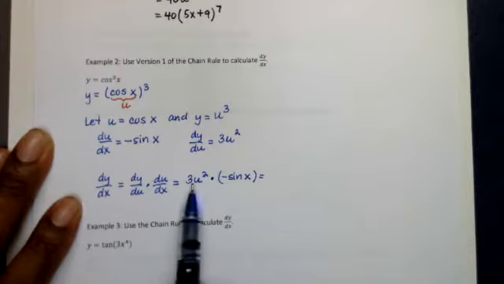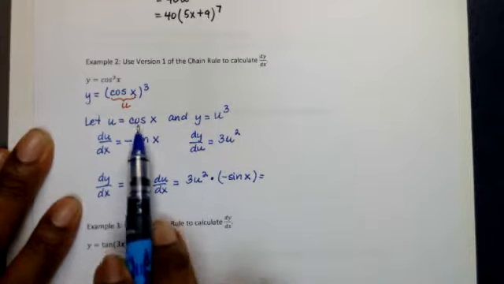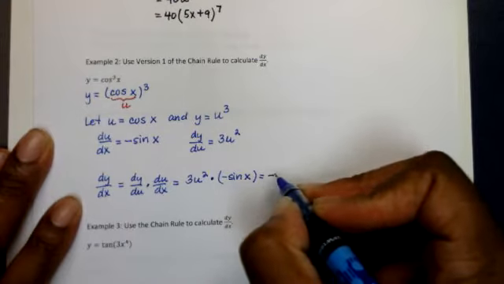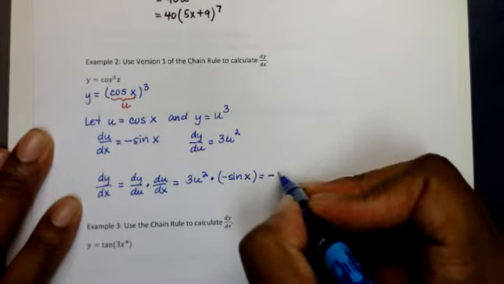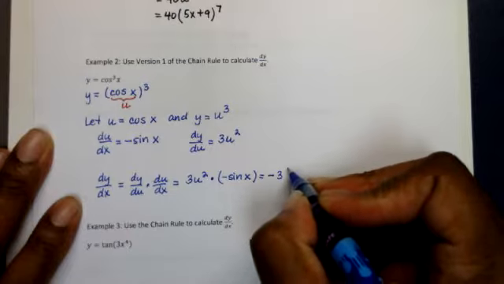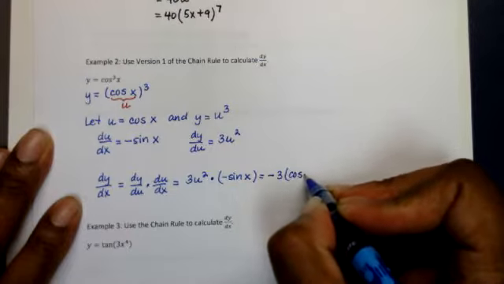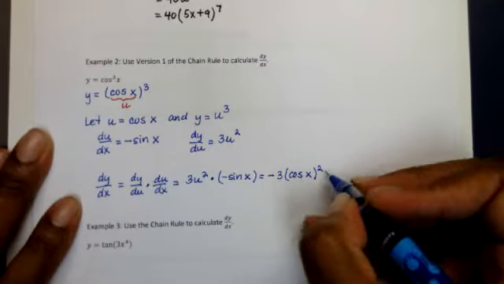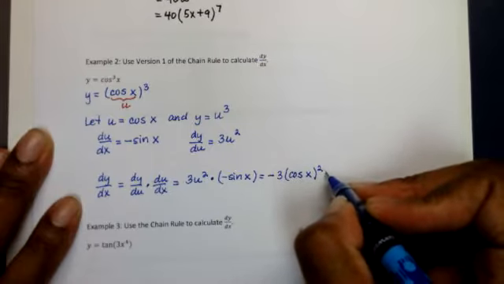And now we can replace that u with the cosine of x. So I'm going to put the negative in front. It'll be negative 3 times the cosine of x, and that's squared, times the sine of x.